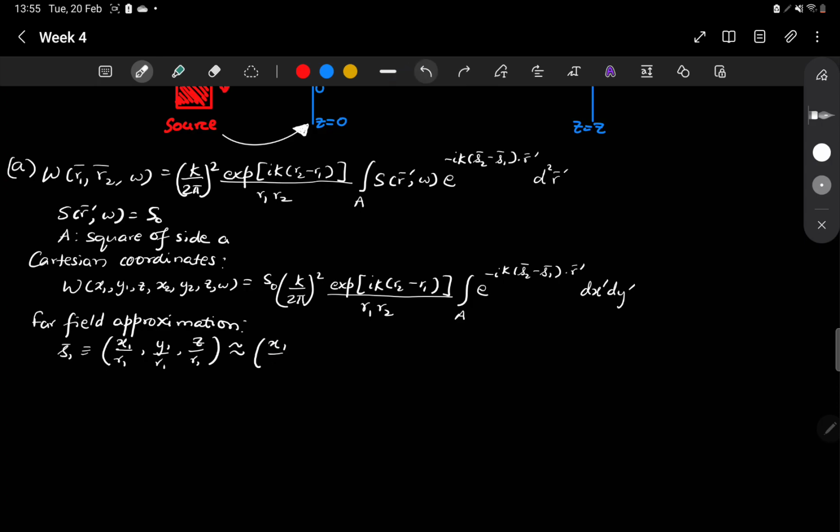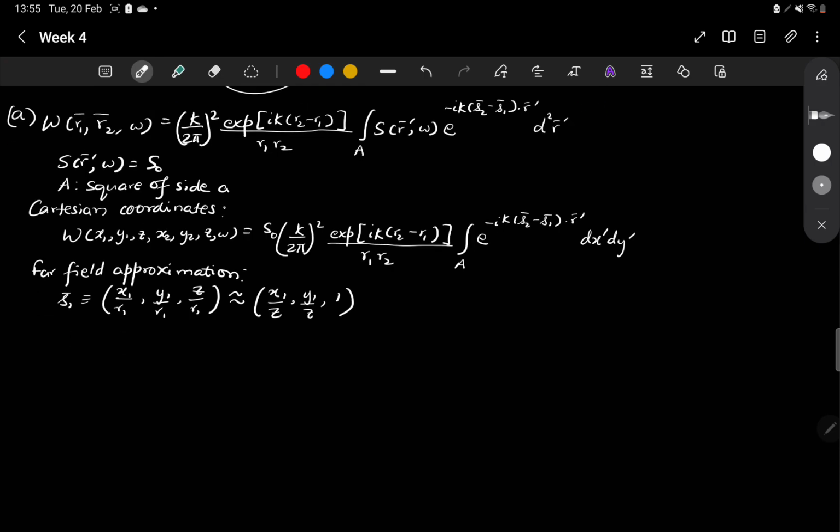We can replace R1 by Z. Similarly, we can write a similar expression for S2, which is approximated as follows. Again, R2 is approximated as Z. This is coming from the far field approximation, which says R1 and R2 are approximately equal to Z.